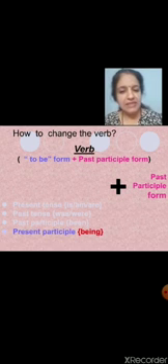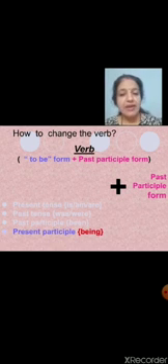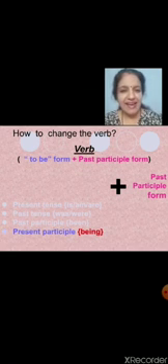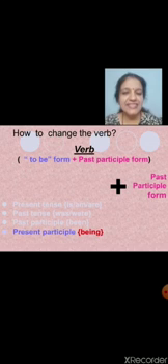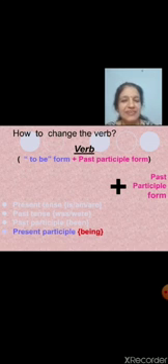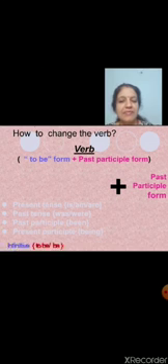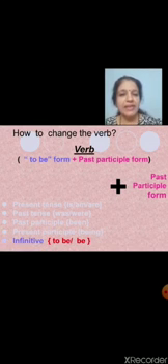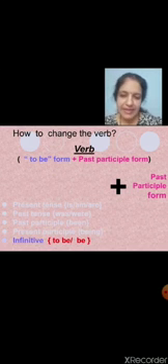In the present participle, the to be form is B-E-I-N-G. That is being. And the last to be form in infinitive form is to be or be.